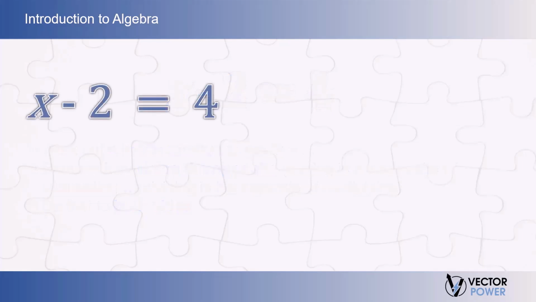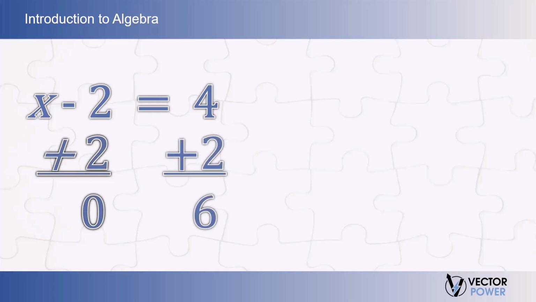Here's an example. We want to remove the minus 2. To remove it, do the opposite. In this case, add 2. Do it to both sides of the equal sign. That leaves us with x minus 0 equals 6.